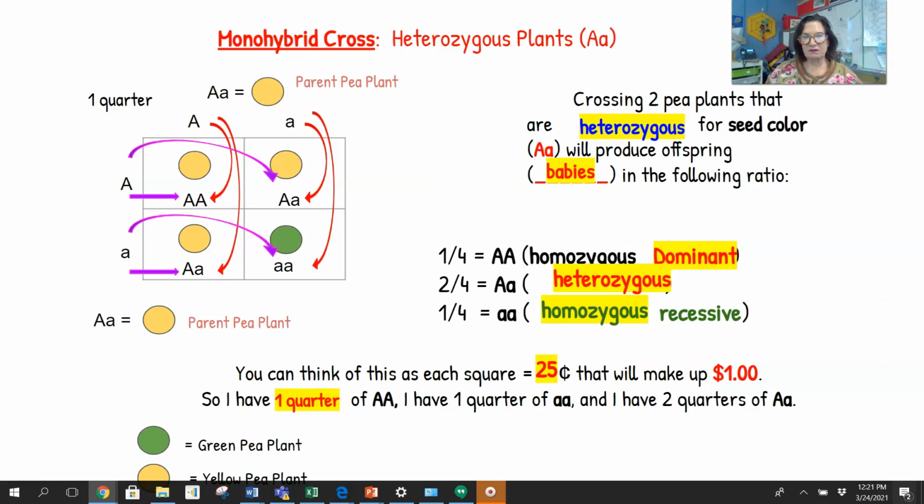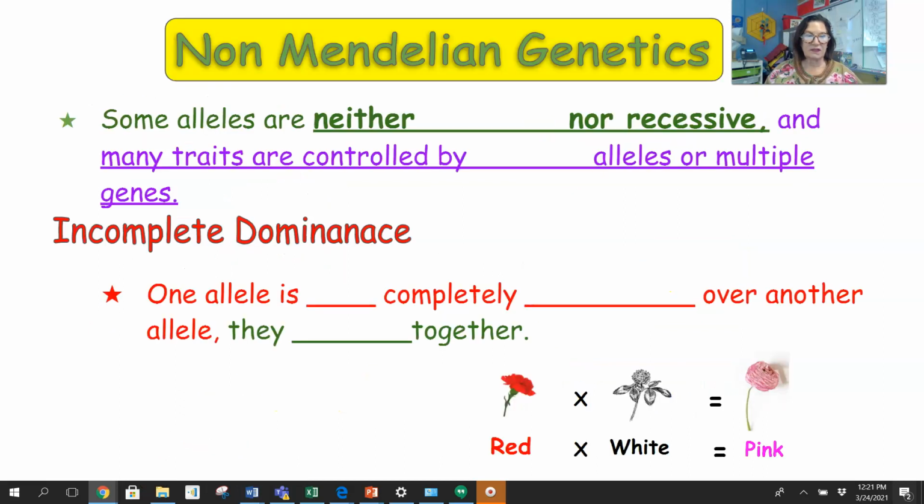So you're going to be doing a lot of things with the monohybrid cross. Okay, next we have what are called non-Mendelian genetics. So this is something that goes a little bit against the grain. So we have some alleles that are neither dominant or recessive.